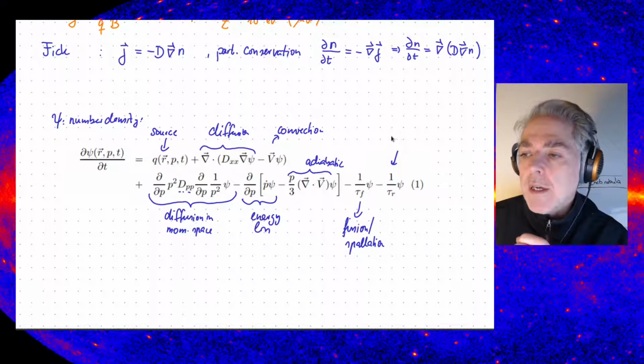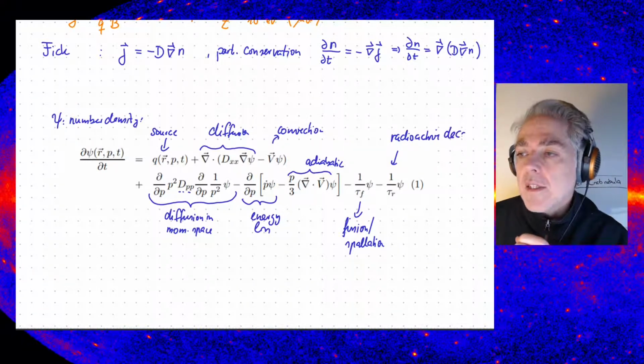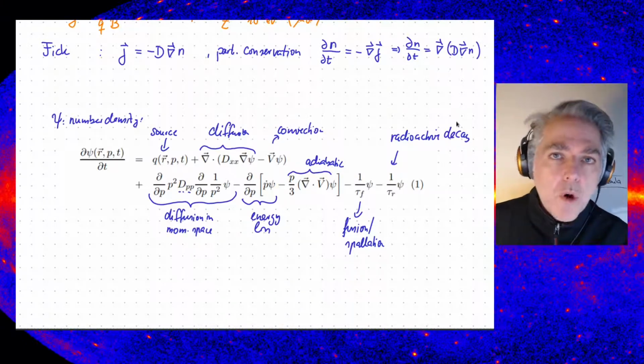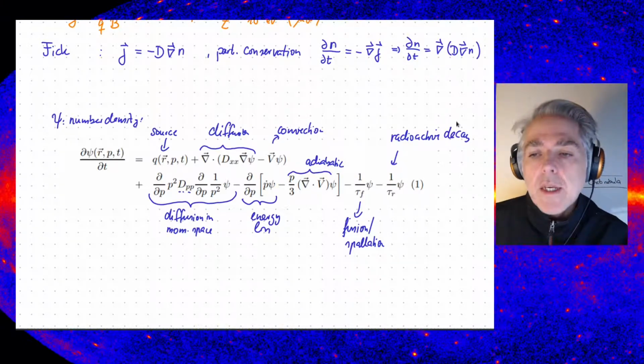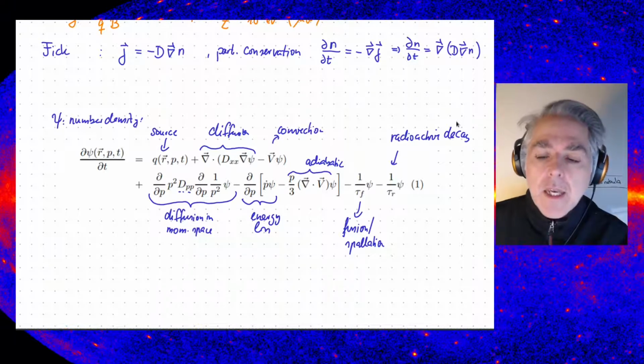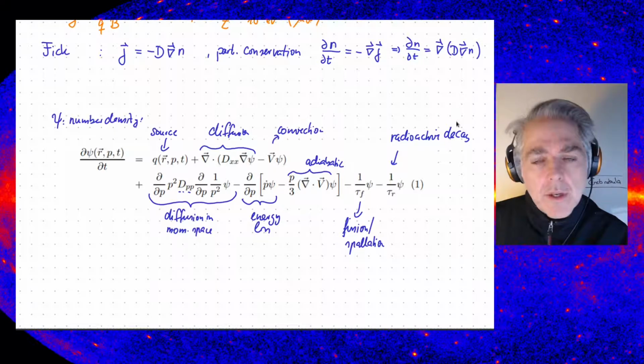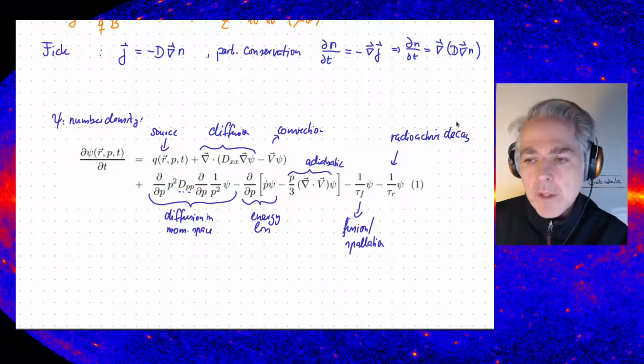That's basically a radiative decay. So that's the equation which describes the whole process of cosmic rays propagating in our galaxy, and you can solve this equation, albeit only numerically. There's not really a simple way to do it.